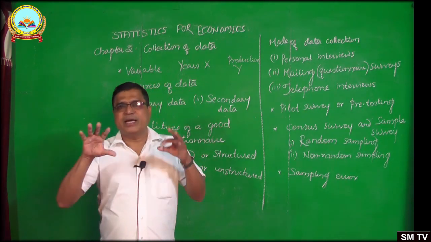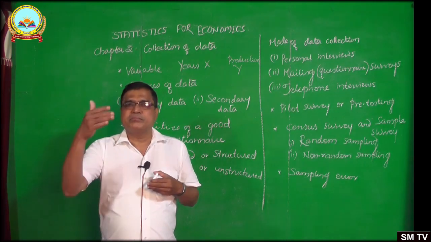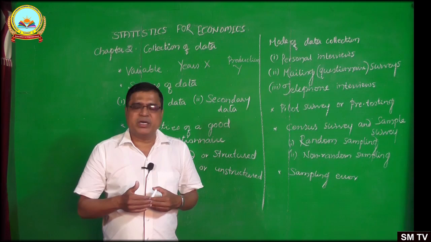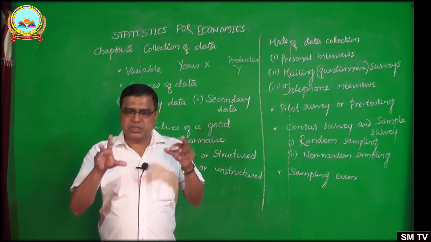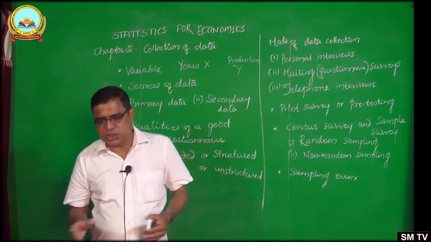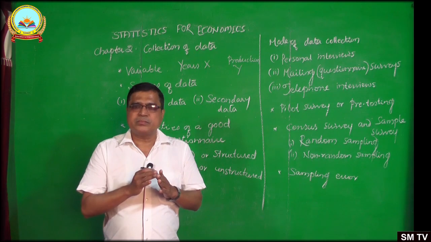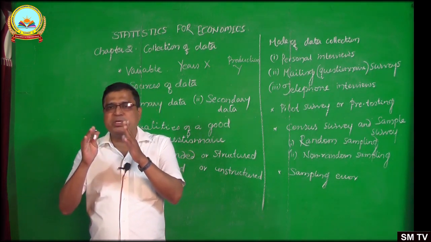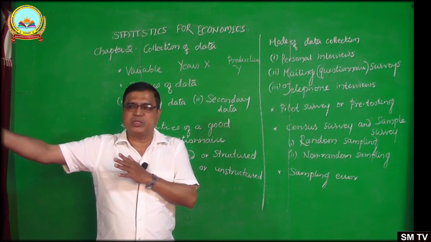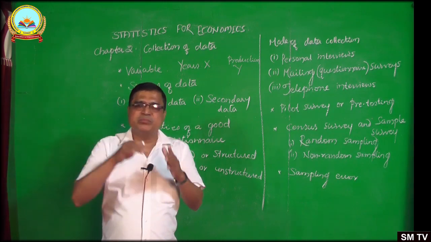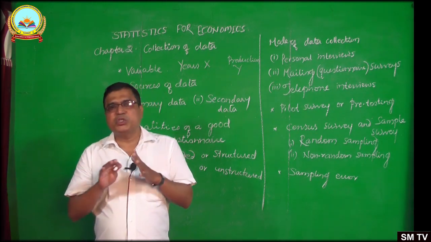The survey should be conducted in such a manner that the questionnaire, or the set of questions, is systematically designed and there is no confusion, and the respondent should react in a simple and direct manner. So all these things should be there.